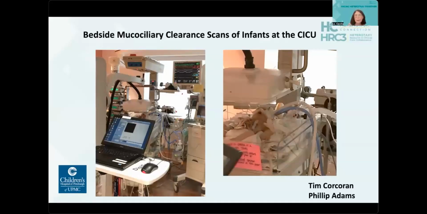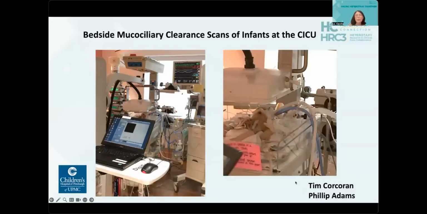And so in collaboration with Tim Corcoran, a biomedical engineer in the Department of Medicine, and Philip Adams, a critical care anesthesiologist, we developed the ability to measure mucociliary clearance in infants in the CICU.